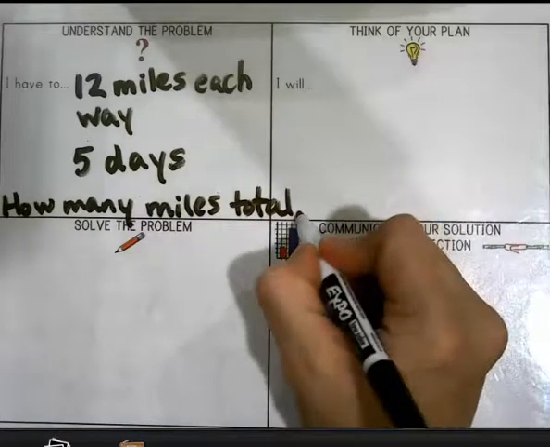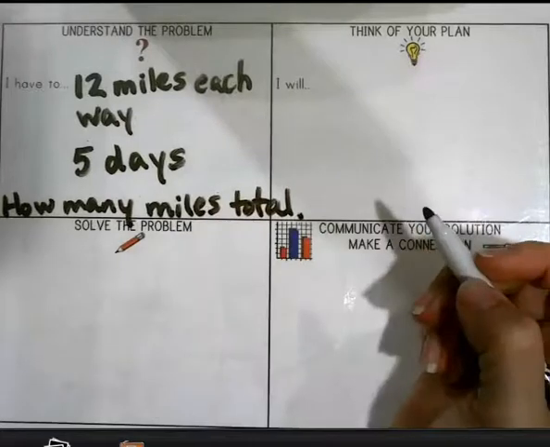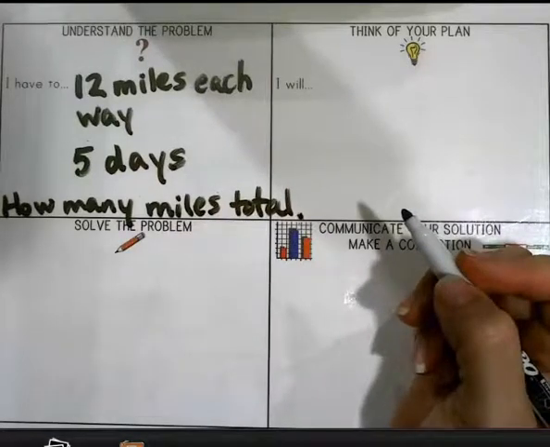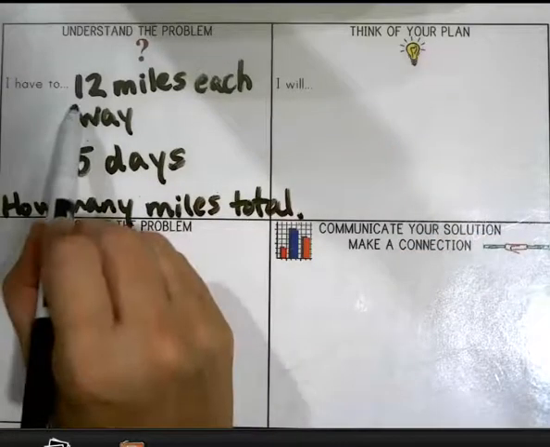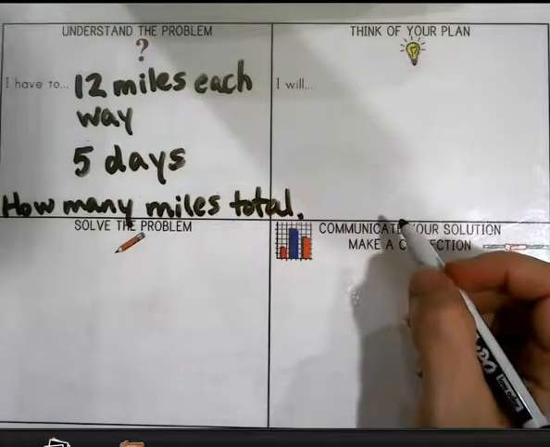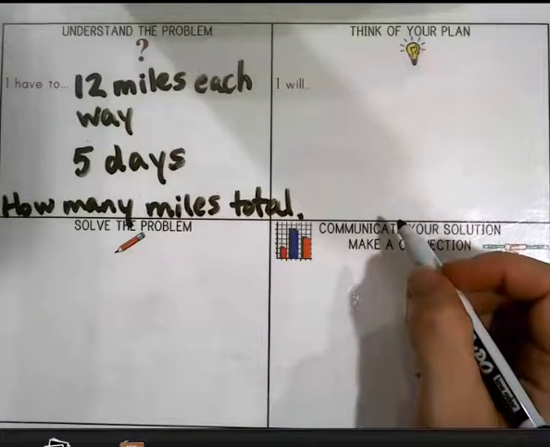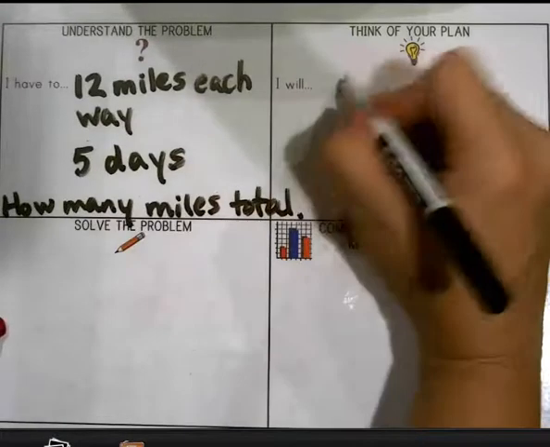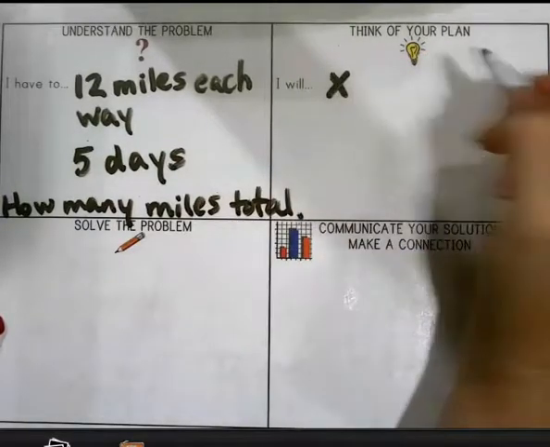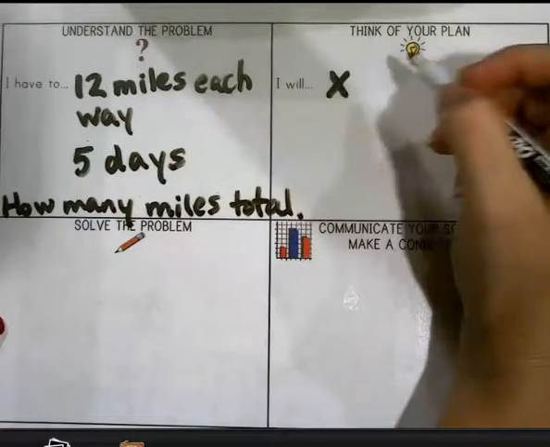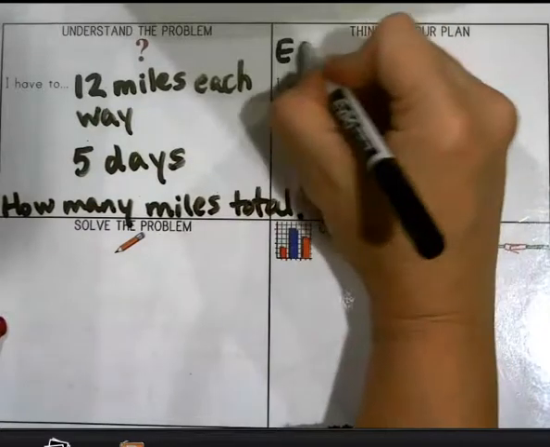It says total, so that means we're going to be either doing repeated addition, with these same numbers to work with, or we're going to be doing multiplication. I think my plan is going to be to multiply because it's faster. And of course, always we estimate first.